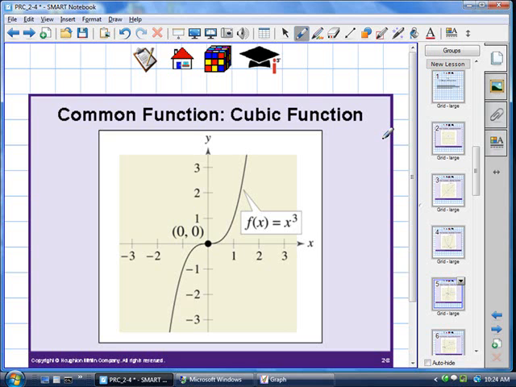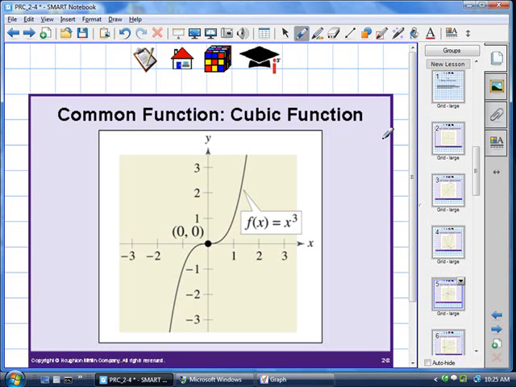If I gave you a 7th degree equation, it could have up to 6 turns in it. What if I give you a first degree equation, like y equals 2x plus 3, first degree? Okay, what's the degree? 1. Subtract 1, 0. What's the maximum number of turns? 0, because it's straight.